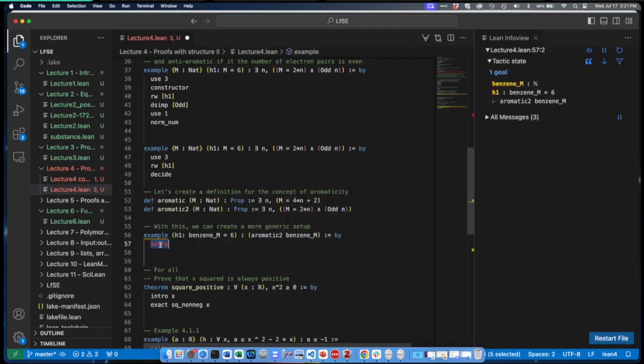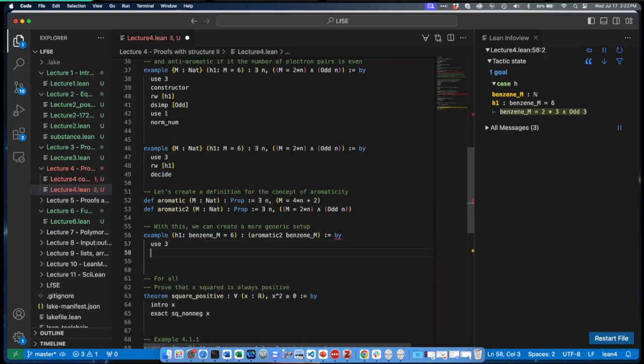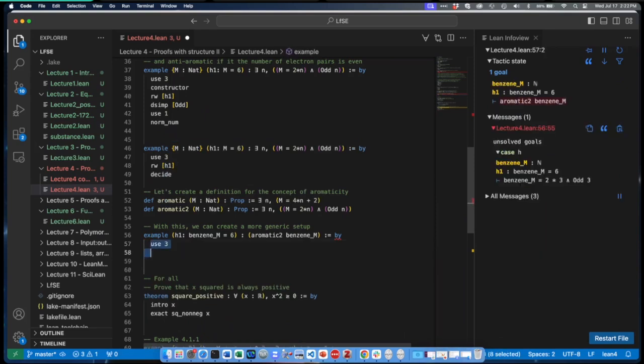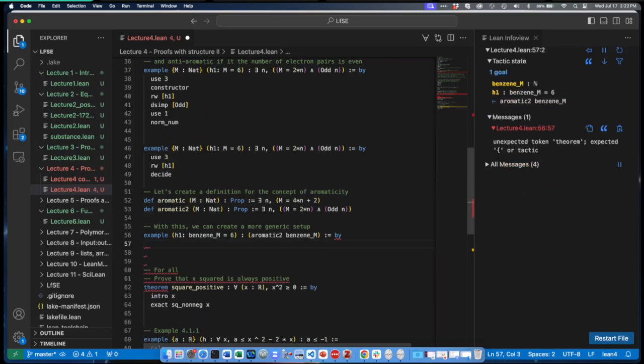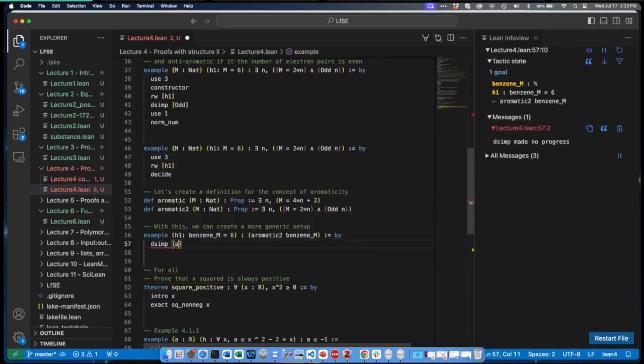We do need, can I use 3 here straight up? Yes, I can. I don't need to use dsimp right off the bat. So I can use 3. You can if you want. So like I can do dsimp aromatic 2, and go and say, you know what aromatic 2 is, you go and find the definition, replace it in the goal here.